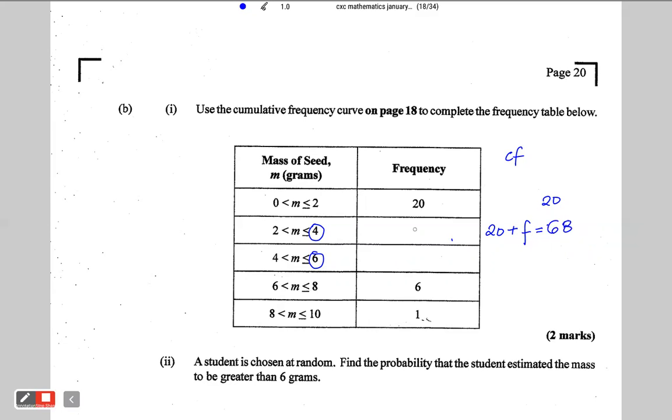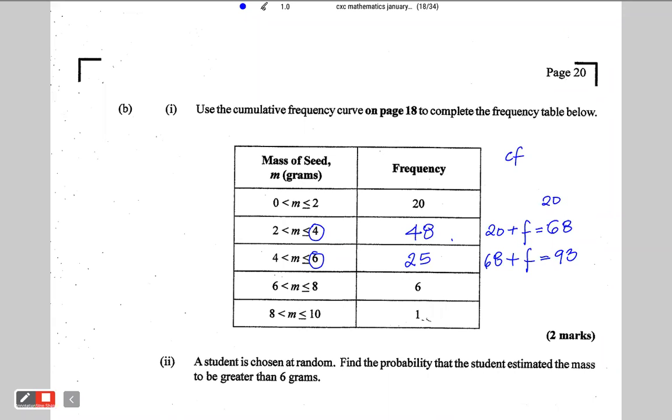It means that the frequency here is 48. Now, at this level, 68 plus the frequency at this level will give me 93. So what do we add to 68 to get 93? The answer here is 25.